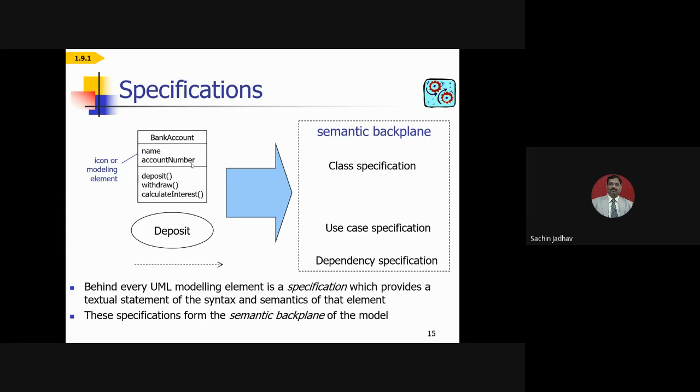So you should have a class description. For a use case, you should have a use case description or specification. For relationships, if there is a dependency relationship, then you have dependency specifications, right?